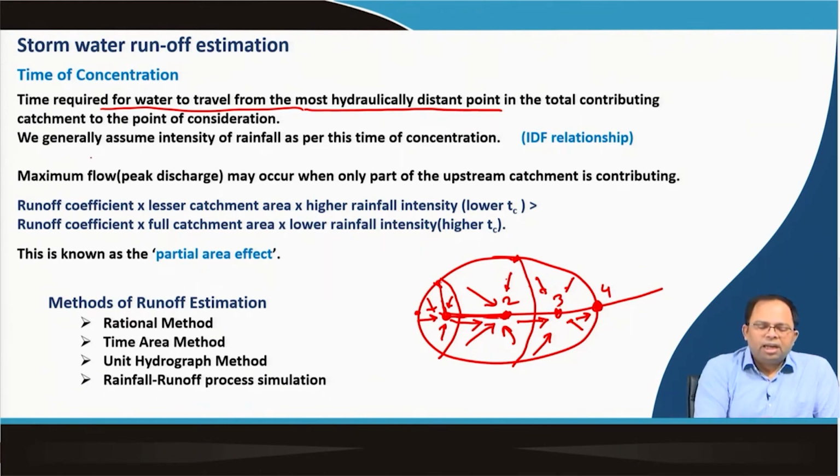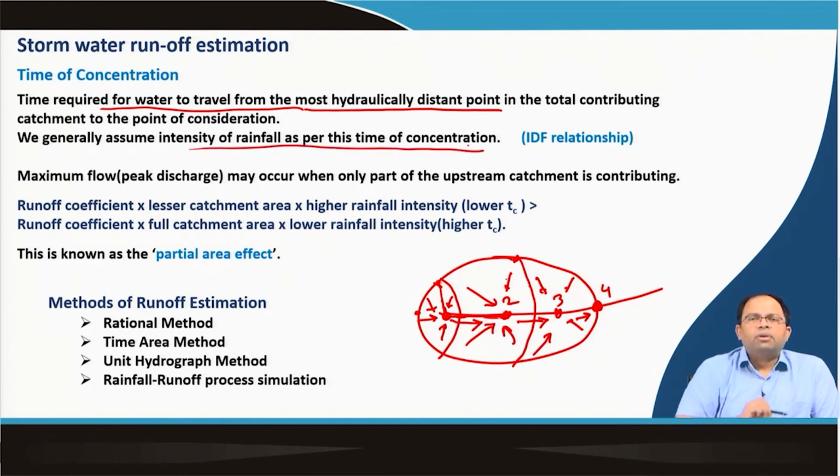So, we generally assume that the intensity of rainfall is as per the time of concentration. That means, whenever we use the IDF relationship, we take the time of concentration for the particular inlet as the duration, and based on that duration we determine the intensity of rainfall for whatever return period we assume for that particular point.